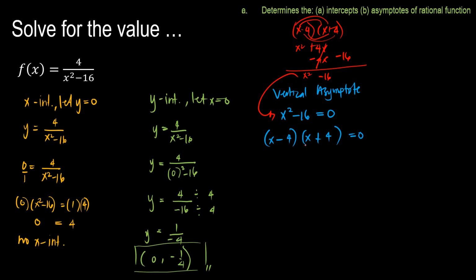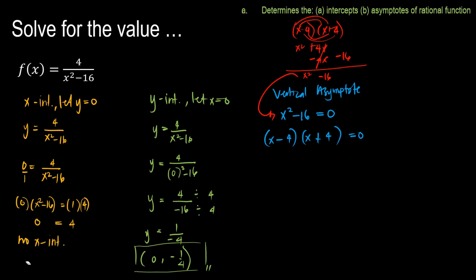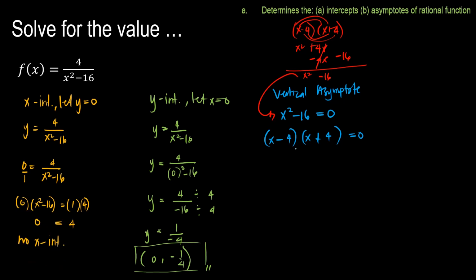Since na-equate siya sa 0, so we have x minus 4 is equal to 0, x plus 4 is equal to 0, x is equal to positive 4, and x is equal to negative 4. Therefore, our vertical asymptote is x is equal to 4, x is equal to negative 4.